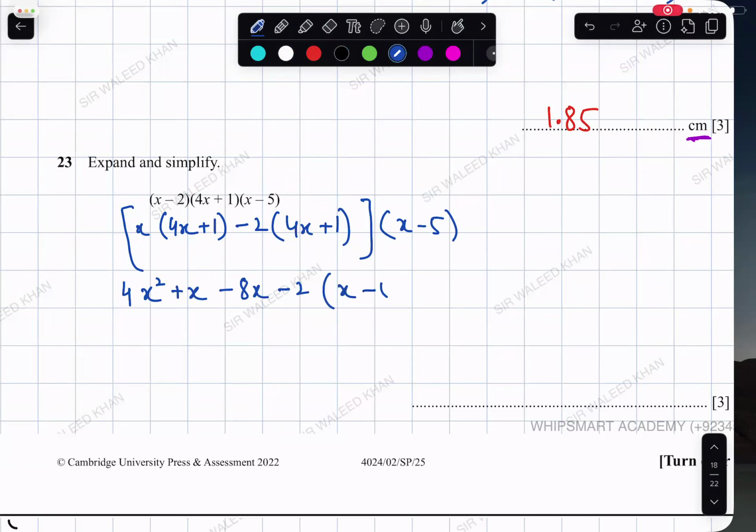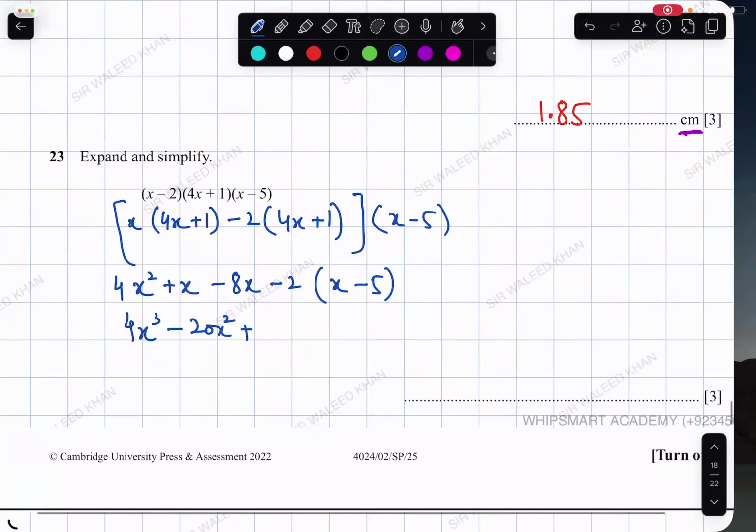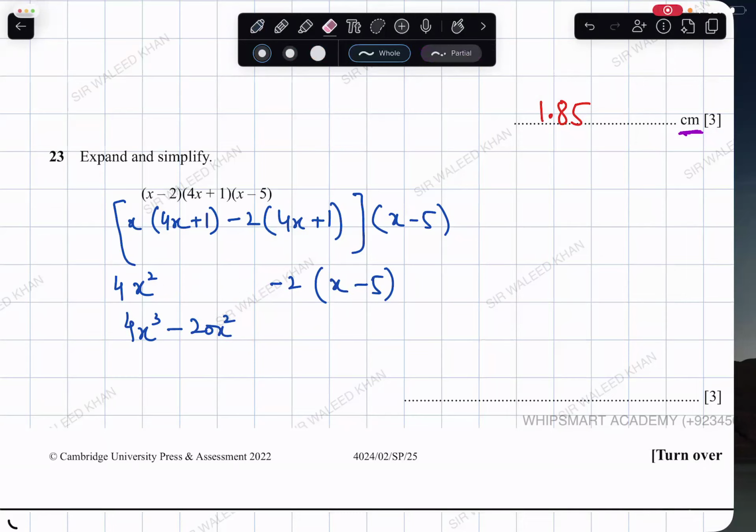Now I'm going to multiply it with this. So we have 4x cubed minus 20x squared plus 20x squared. Okay, this I'm going to simplify and directly write it as minus 7x squared plus 35x minus 2x plus 10.